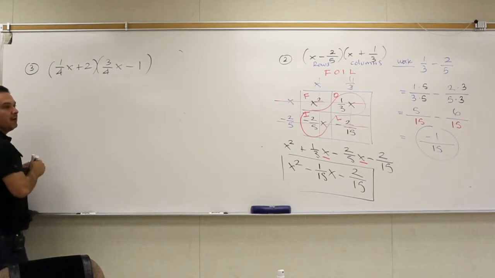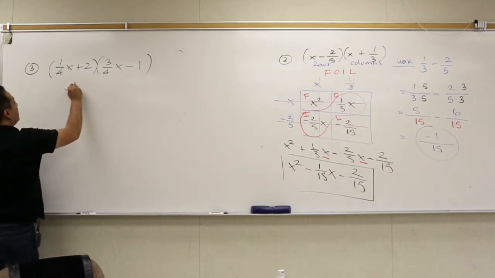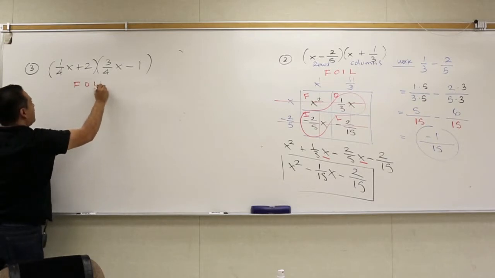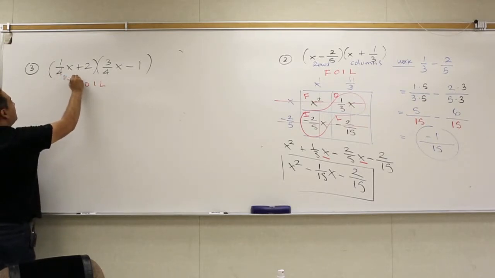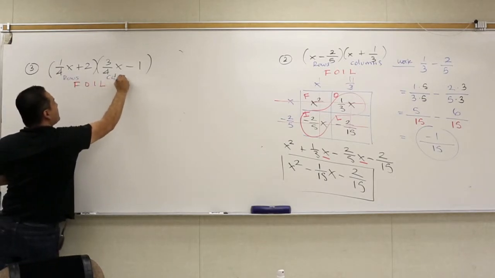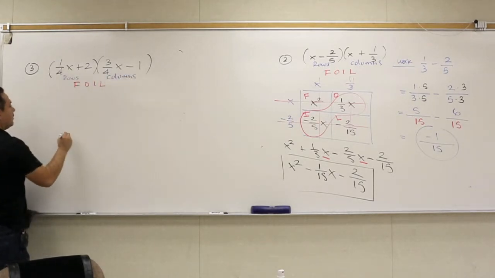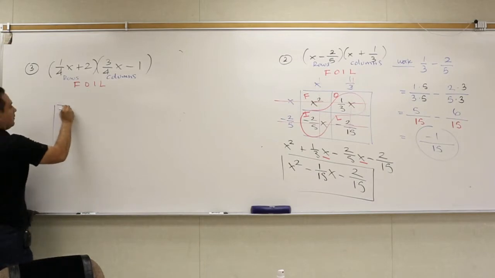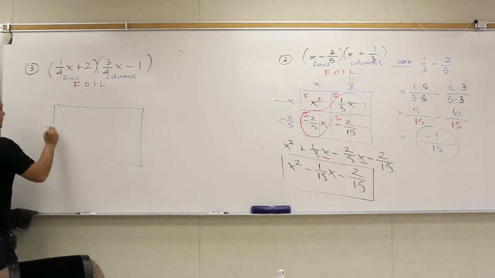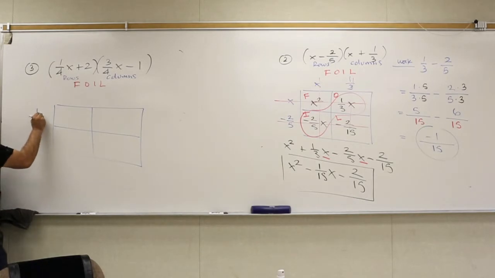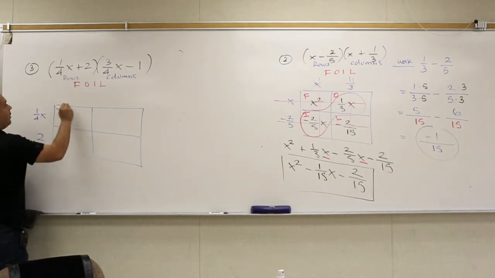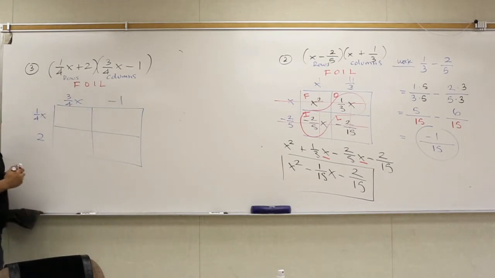This is FOIL again. Okay, like I said, here are my rows. Here are my columns. Okay, so I get a 1/4 x, I get a 2, I get my 3/4 x, I get my negative 1.